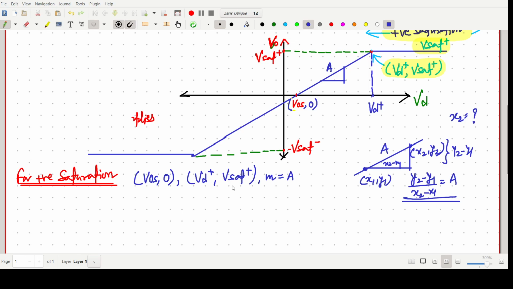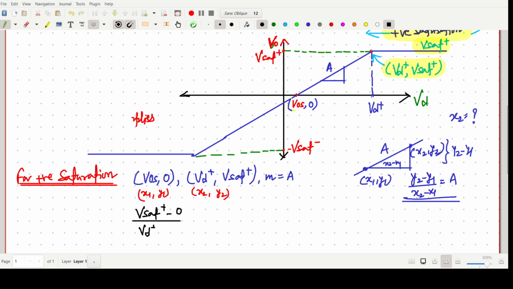Suppose this one is our x1, y1, and for the time being I am saying x2, y2, and this one is our slope, so not an issue. So y2 minus y1, we can write Vset plus minus 0, divided by x2 minus x1.